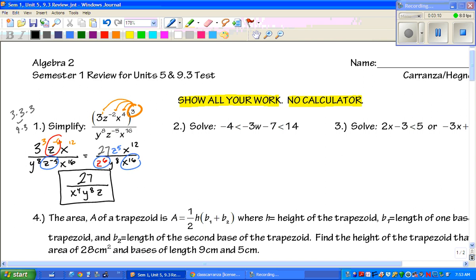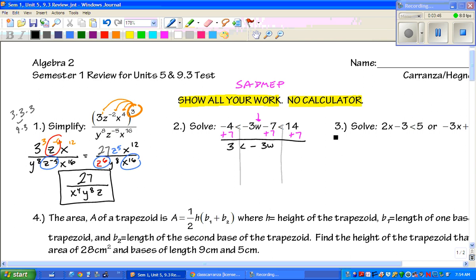All right, number 2, inequalities. The w is in the middle, and we want to solve for w. We're going to do that by following the rules of SADMAP, the reverse order of operations. So what you do to one side, you have to do to all the sides. All right? So -4 plus 7 is 3.